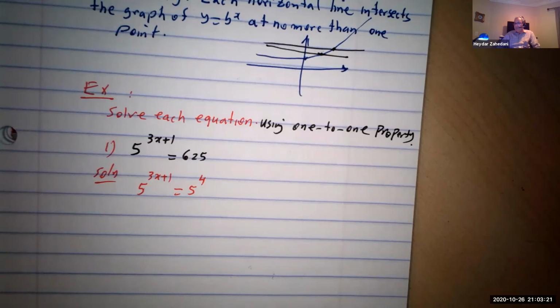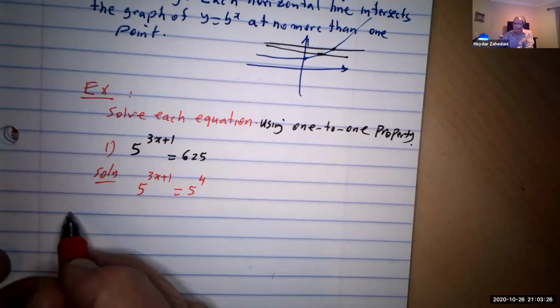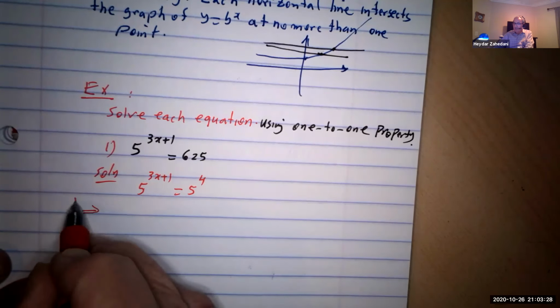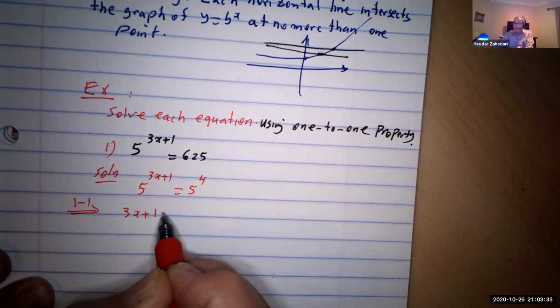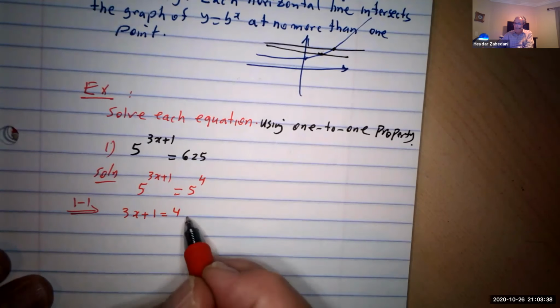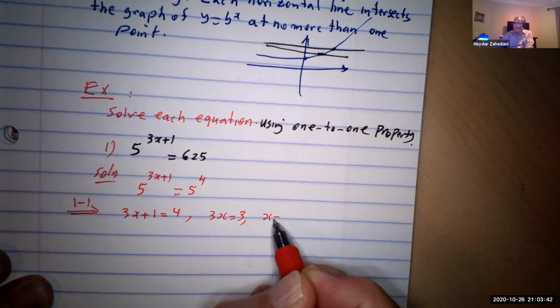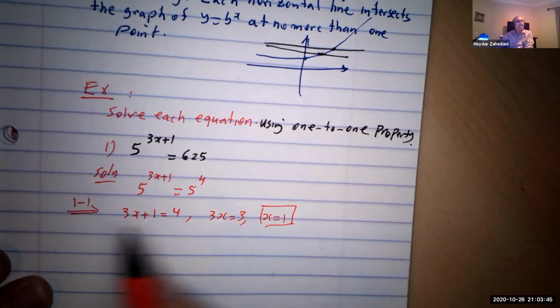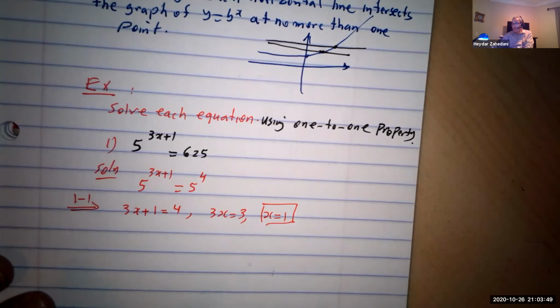So by the one-to-one property, 3x plus 1 must be equal to 4. So 3x equals 3, and x is equal to 1, and you're done. Okay, any question? So we have to try to change it into this format to be able to do it. That's a kind of type 1.